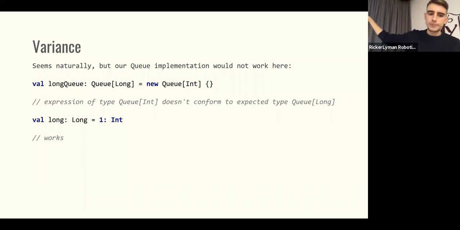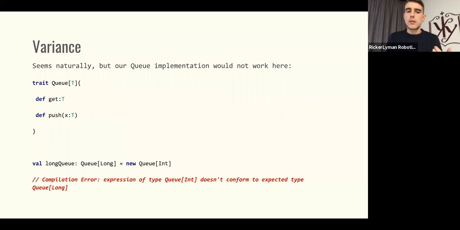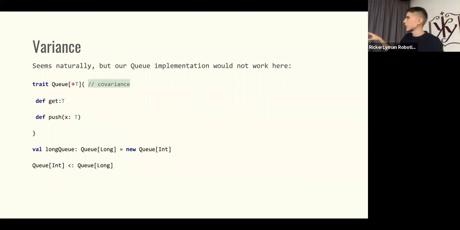The compiler will say that this type Q[Int] doesn't conform to expected type Q[Long]. The reason is that the compiler doesn't know that these two types are related, that they are subtypes of each other. For that reason, in Scala, there is a special syntax with a plus sign.